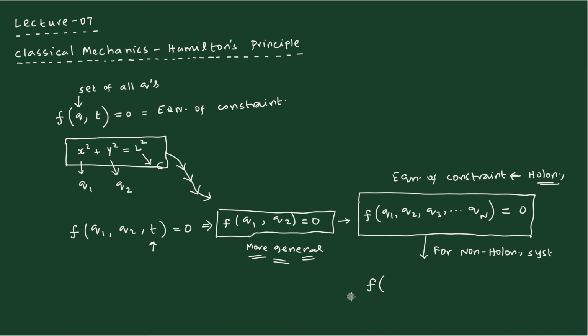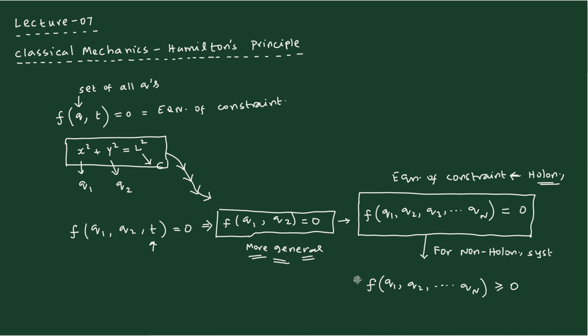Equality relation is not there means instead of that you may be having inequality relation. So we simply write down formally like this: f of q1, q2, etc. until n number of coordinates, that is n number of degrees of freedom, will be something like greater than or equal to 0. So it can be greater than or equal to, or it can be less than or equal to. So, okay, inequality. Equality should not be there means inequality can be there.